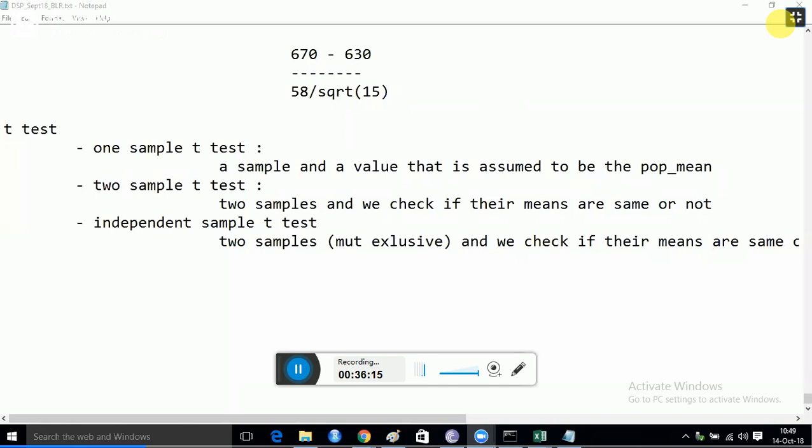We were discussing there are 3 types of t-tests. Better now? I was saying, in a t-test, we are checking if the sample we have is significant. Siddharth, one second, I'm so sorry, your voice is cracking up.